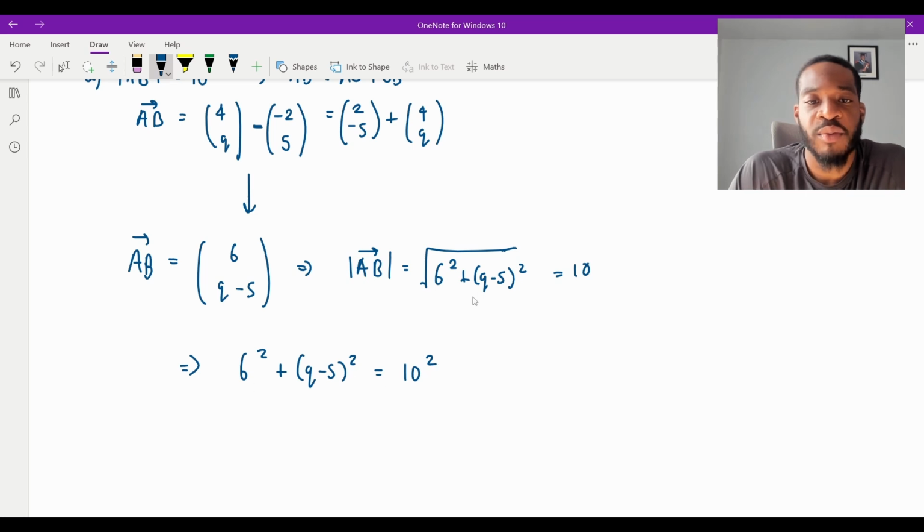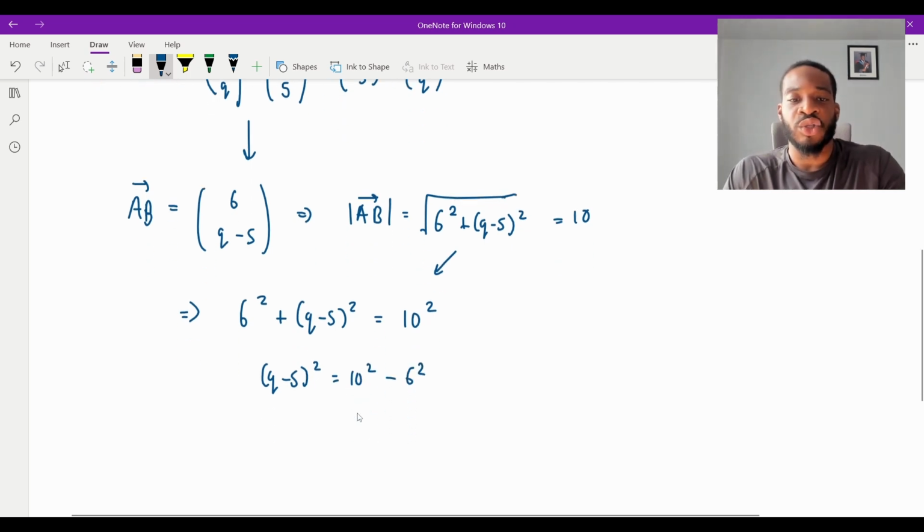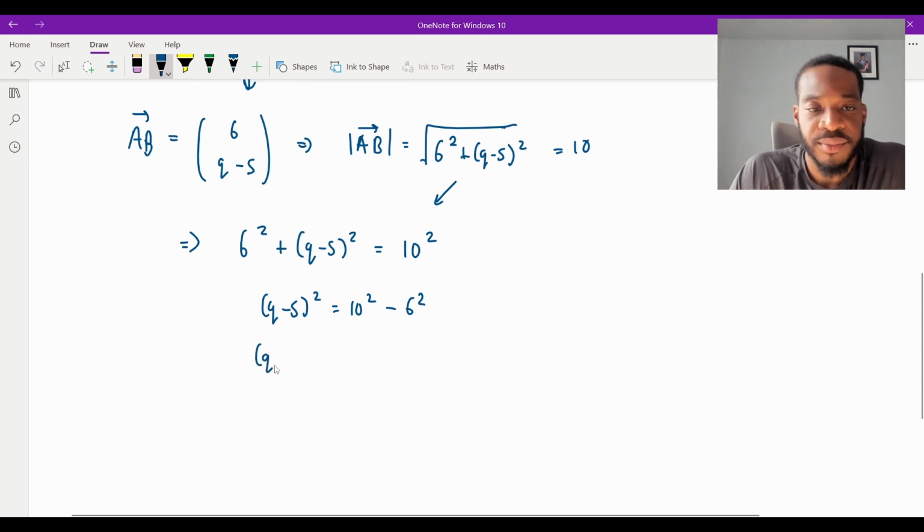Then (q minus 5) all squared is going to equal 10 squared take away 6 squared, which is just 100 minus 36, isn't it? That's 64. So (q minus 5) squared equals 64.